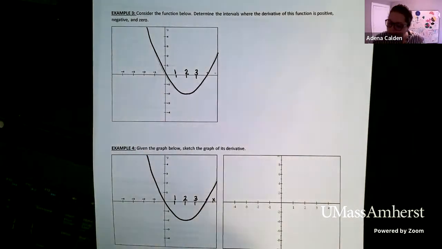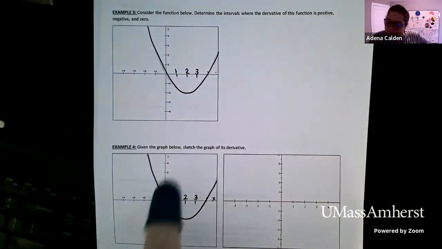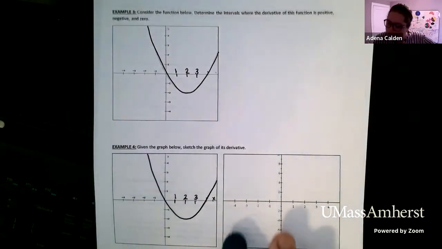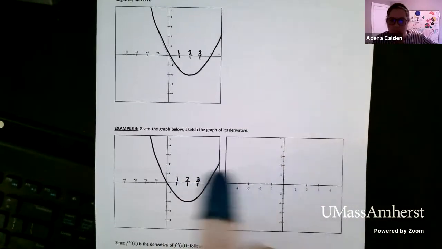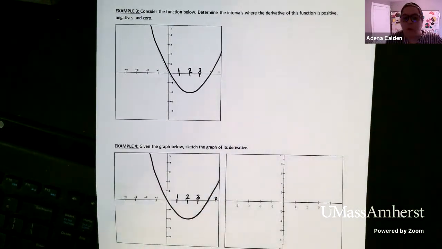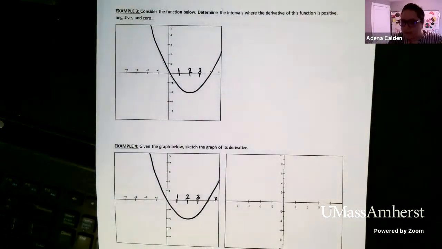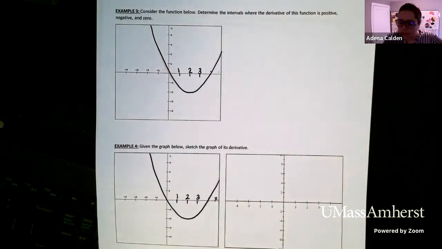Okay, so again, I want you to look at this picture and determine where the derivative of this function will be positive, negative, and 0. And then we're going to try to graph the derivative of this function. Okay, so those are the 2 steps here. So again, I'm going to give you 3 minutes. You can look back at your notes for the last example so you can see what we did if you have any concerns about that.